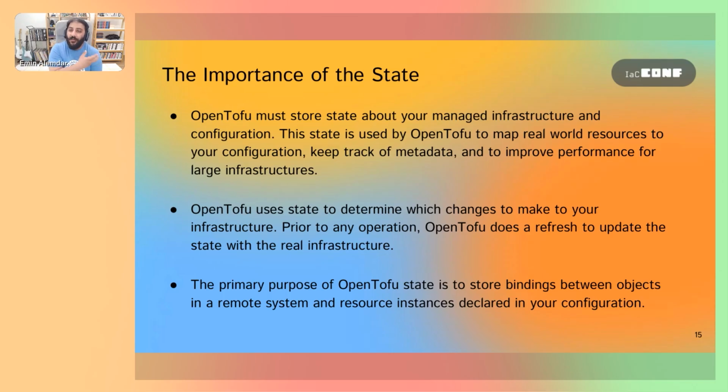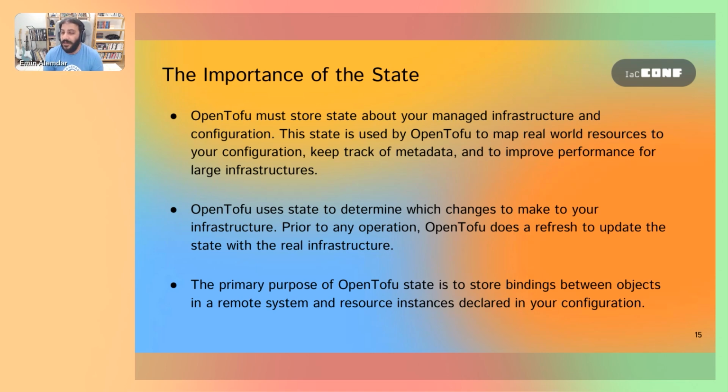So basically, the desired state is going to be your OpenTofu state, and you're going to have the actual state, the resources in your cloud provider accounts, and OpenTofu allows you to have that mapping between the two.